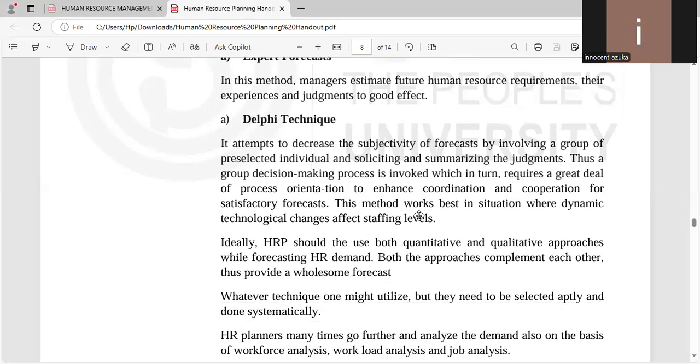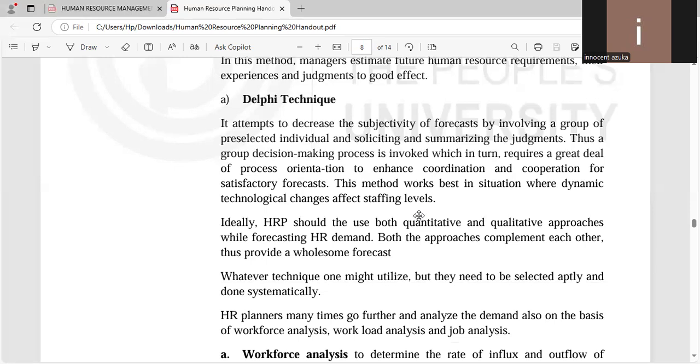Thus, a group decision-making process is invoked, which in turn requires a great deal of process orientation to enhance coordination and cooperation for satisfactory forecasts. So this method works best in situations where dynamic technological changes affect staffing levels.